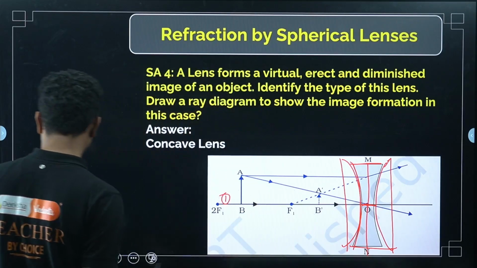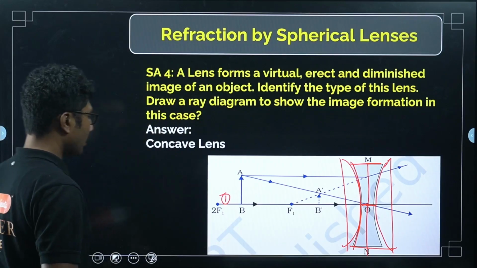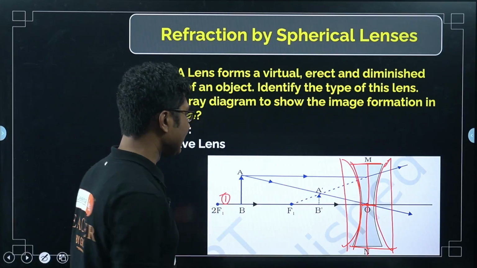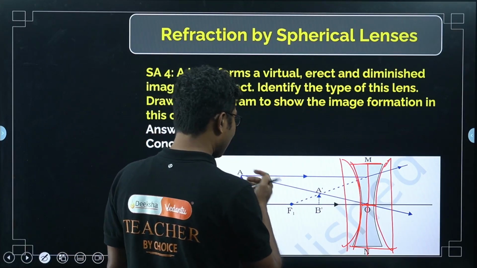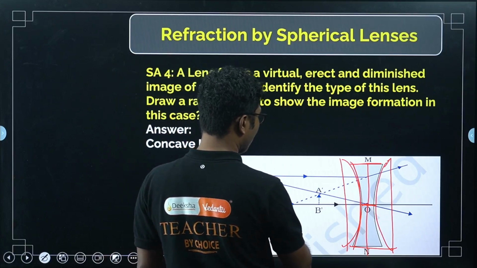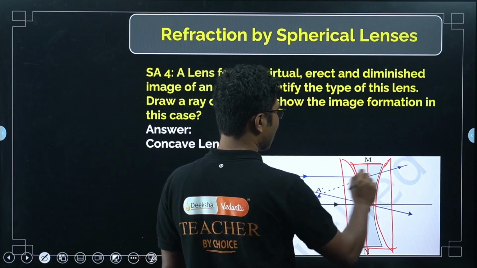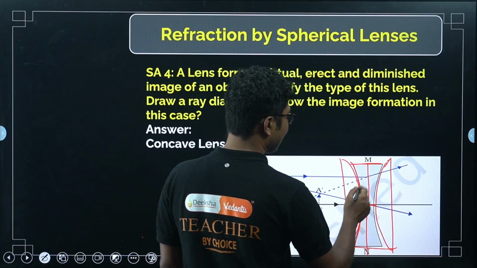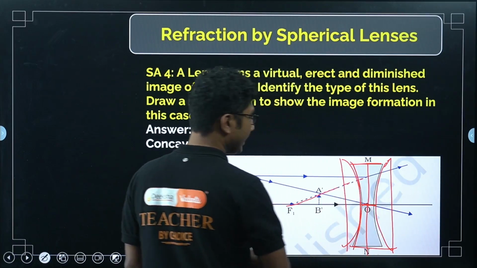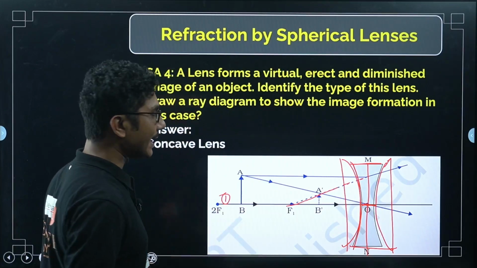Now, similar to convex mirrors, here it is a concave lens. The first ray will always be parallel to the principal axis. Once the ray passes parallel to the principal axis, you have to draw it backwards to meet at F1.